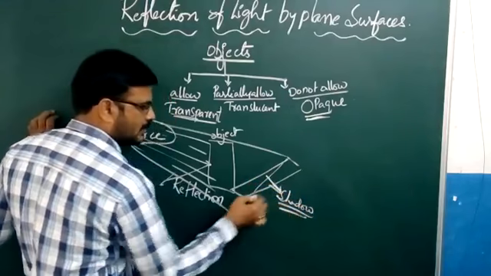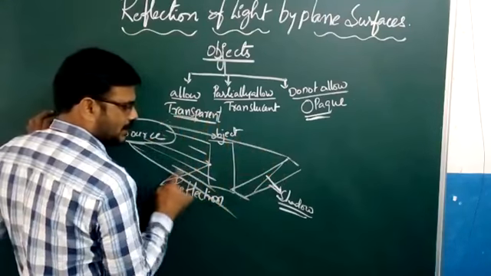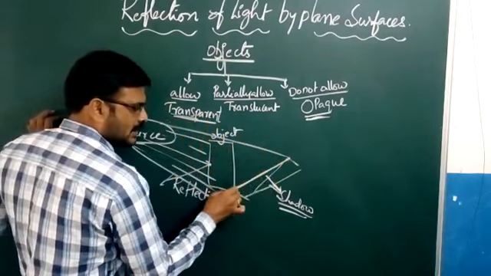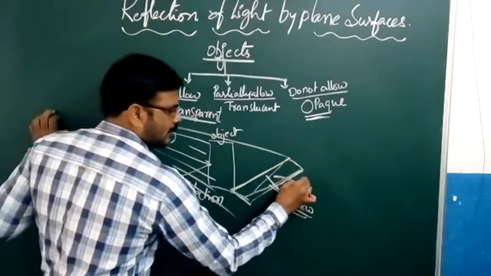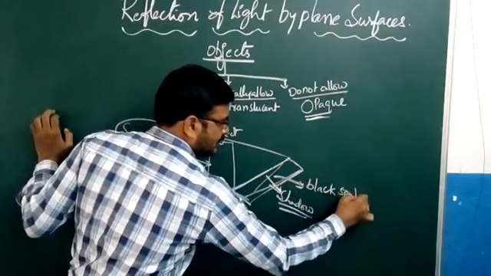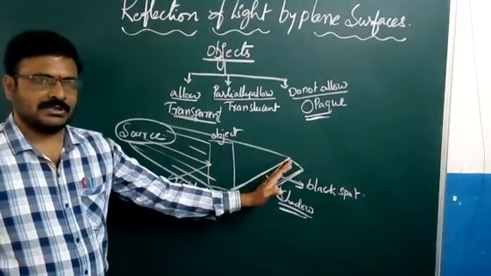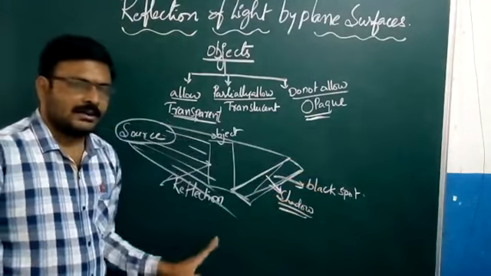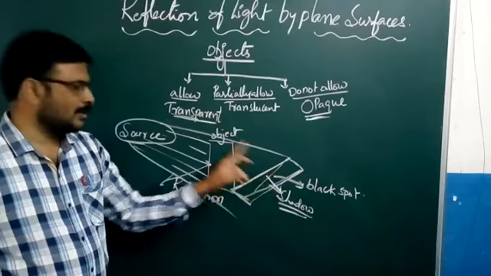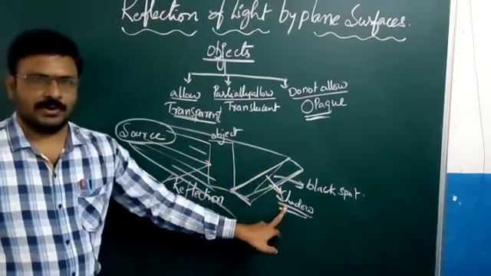Shadow will be formed because the light from all the other regions is coming over here, but this region is not receiving light. So a black colored spot is formed because the light is not allowed to come to this region. The remaining region is illuminated, but this black spot, formed because of the opaque body, we call a shadow.